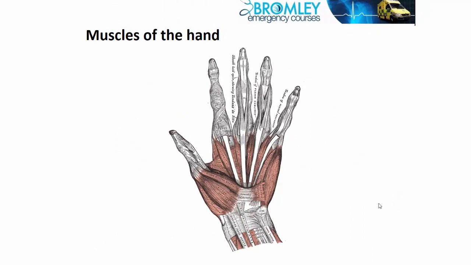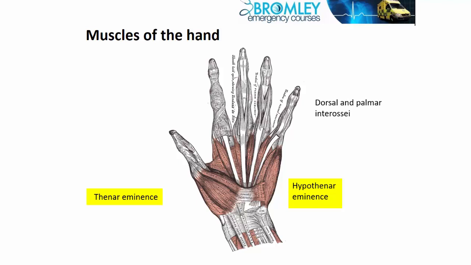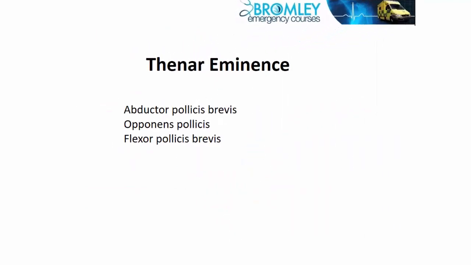So here's an image of the muscles of the hand. We've got the thenar eminence on the thumb side, the hypothenar eminence on the opposite side. We've got 2 sets of interossei, a dorsal set and a palmar set, and then we've got the lumbricals.